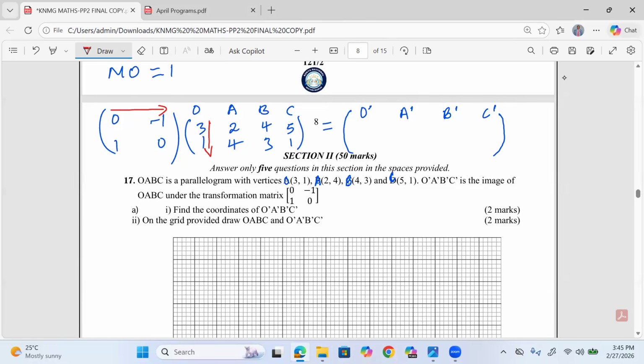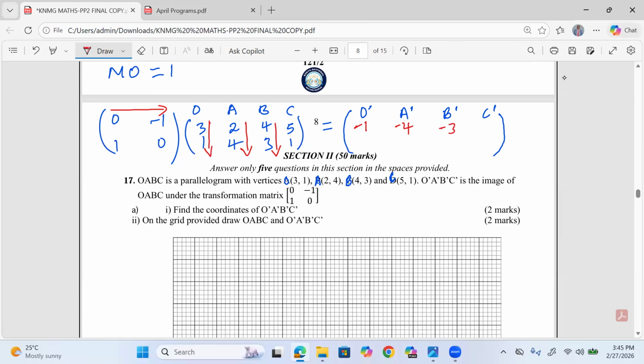So 0 by 3 and -1 by 1 gives us -1. For A, we use the first row and the second column: 0 by 2 and -1 by 4, we get -4. For B, 0 by 4 and -1 by 3, we get -3.